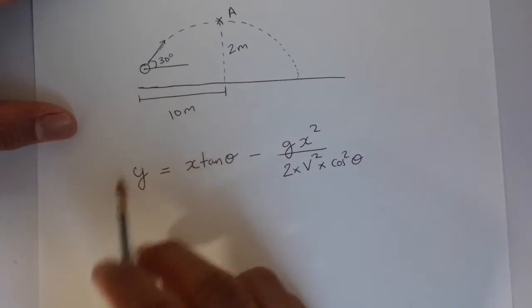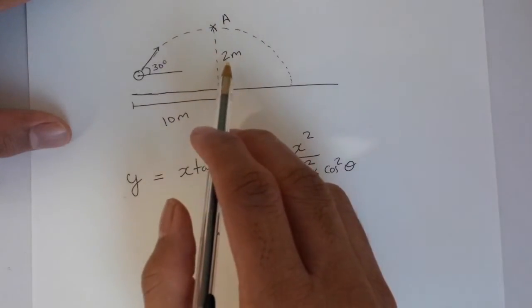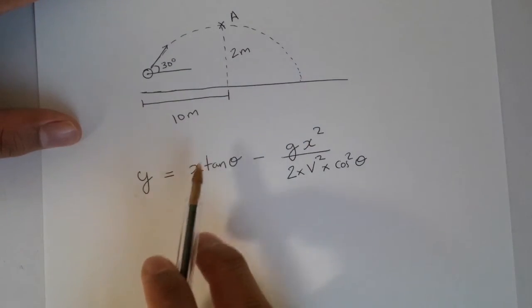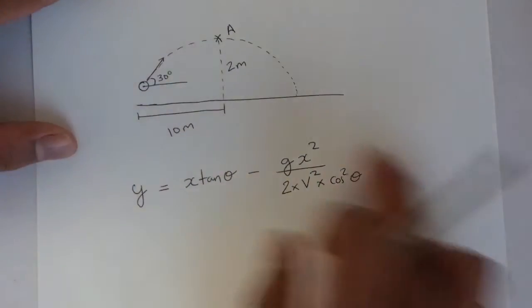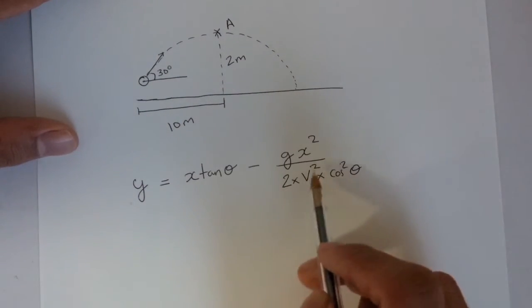We know that the vertical displacement y is 2 meters and the horizontal displacement x is 10 meters. So we can now substitute these values in this equation and find v.